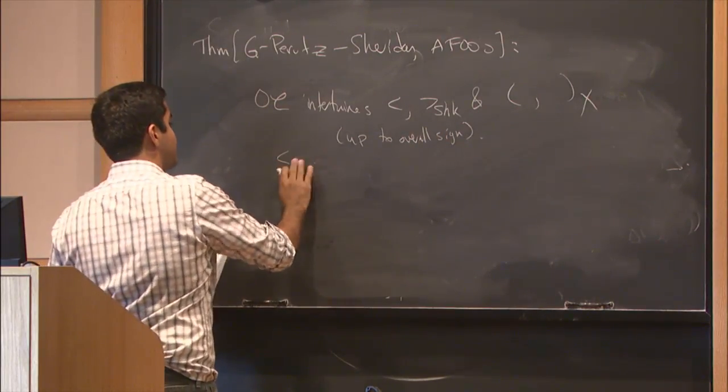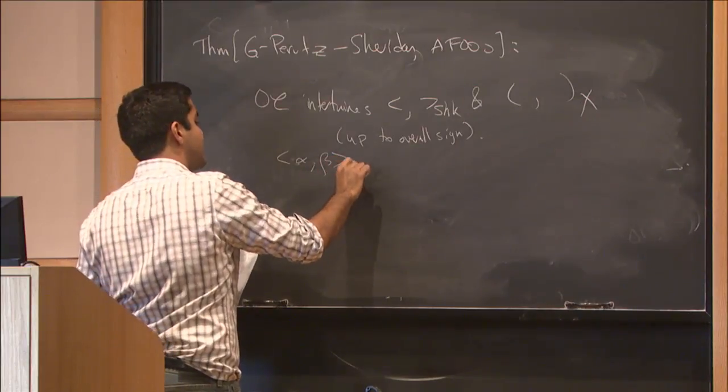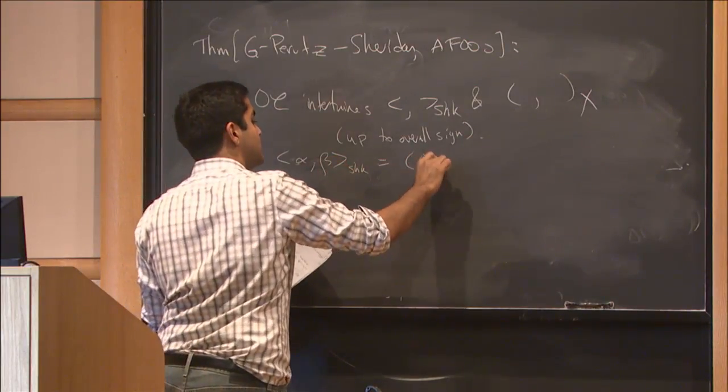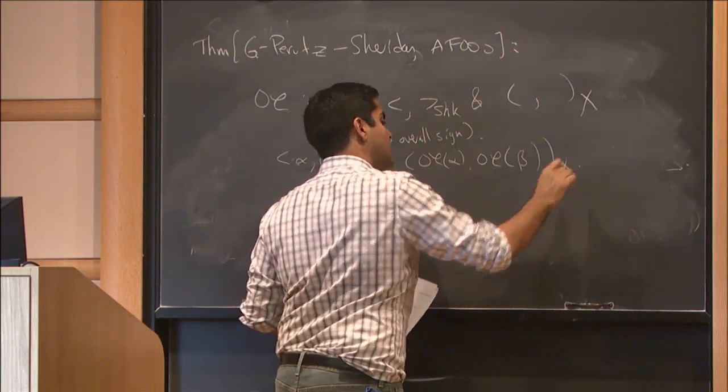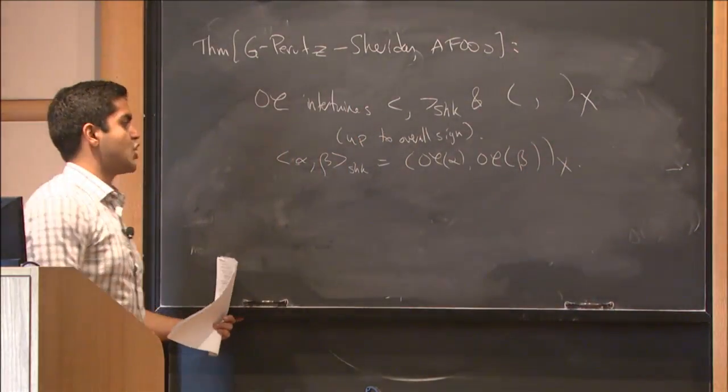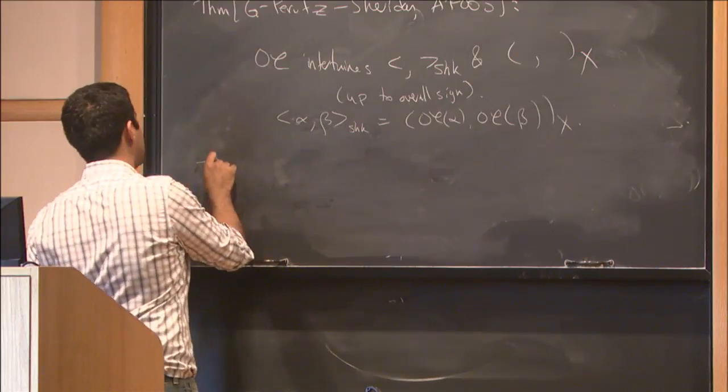By this I mean if I take the Shklyarov pairing of two Hochschild chains, this is the cohomology pairing of their OC maps.